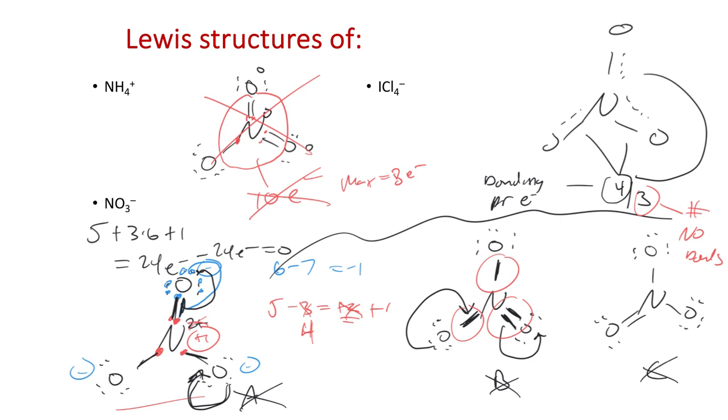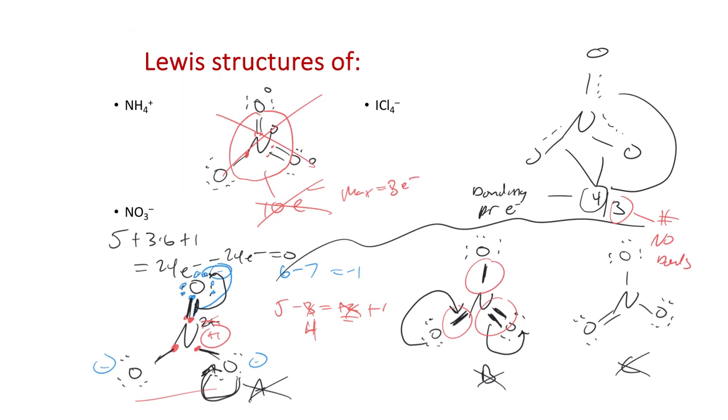And so now let's think about just generally what a single bond has: 1 pair across 1 bond. A double bond has 2 bonding pairs of electrons across 1 bond, and then a triple bond has 3 bonding pairs across 1 bond. So if you think of what we're calculating here, something called a bond order. And so if we're calculating this as our bond order, it's somewhere between single, being less than 4/3, being less than double.